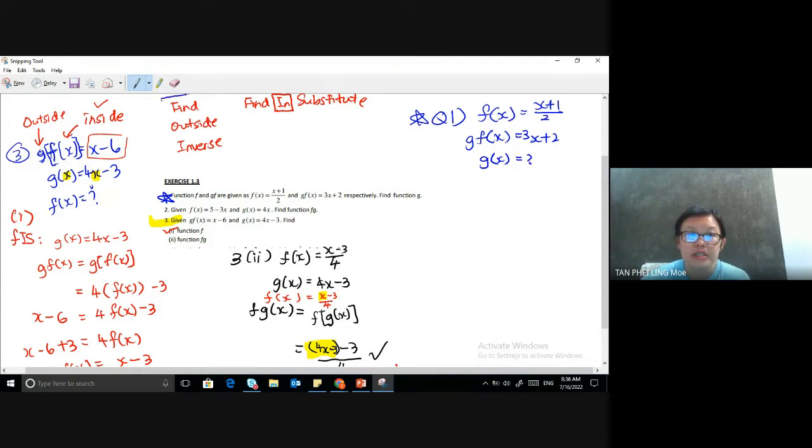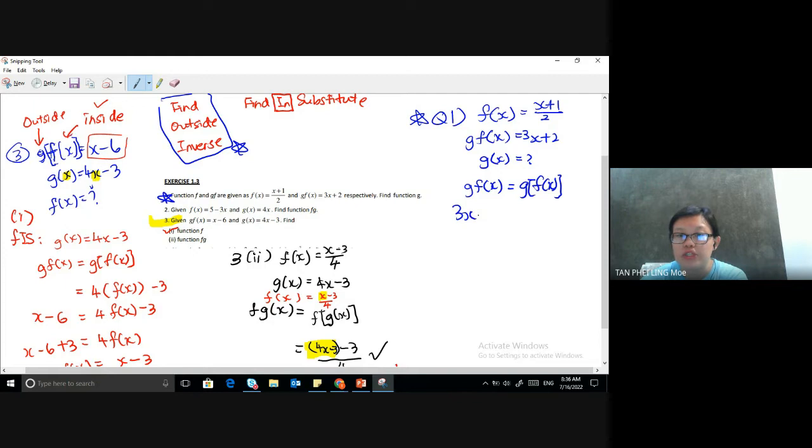So finding outside, inverse. This is the formula that we are going to use now. First thing, we are given gf(x). Remember, I always say that you have to write down this step first so that you are clear in your mind that what you are finding is the whole x in the g becoming f(x). So gf(x) is given by 3x plus 2.